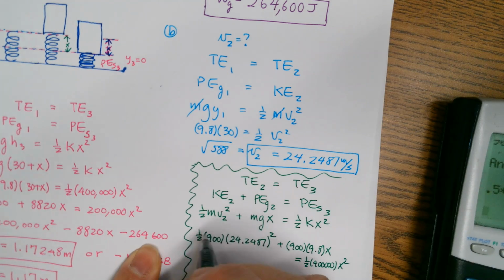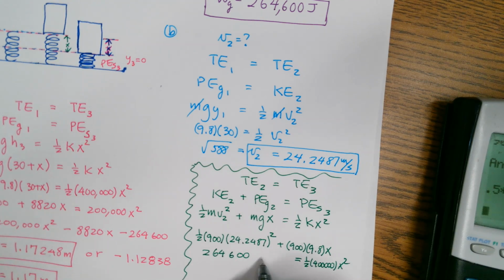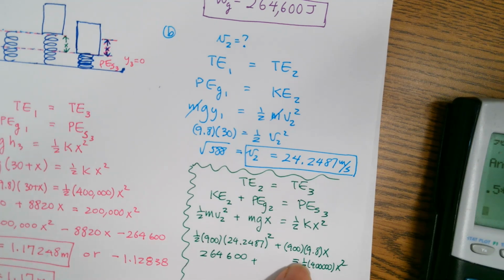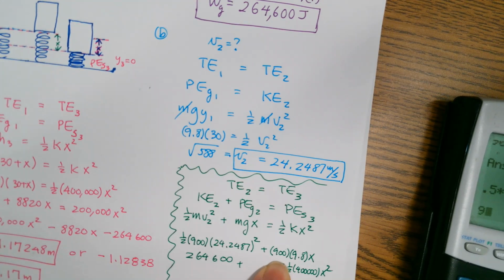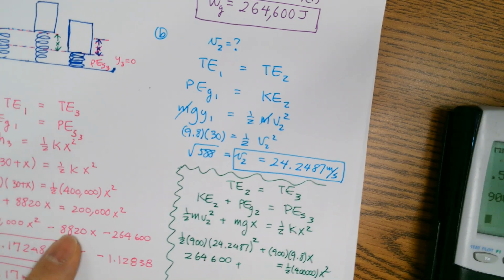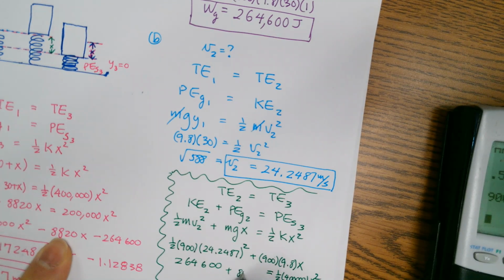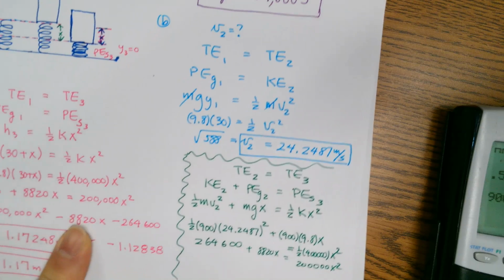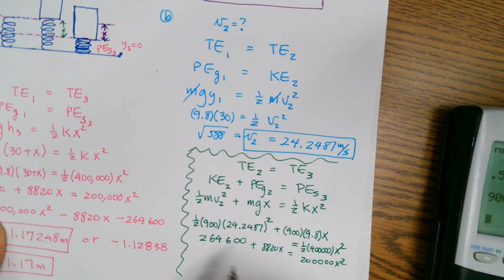So this is actually 264,600, plus 900 times 9.8, and I get the exact same value as this, which is 8820x, is equal to 200,000 x squared. So you get basically the exact same quadratic equation.